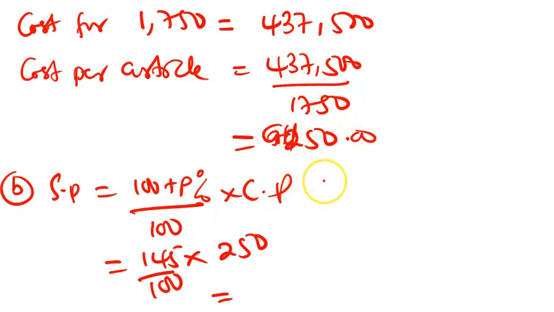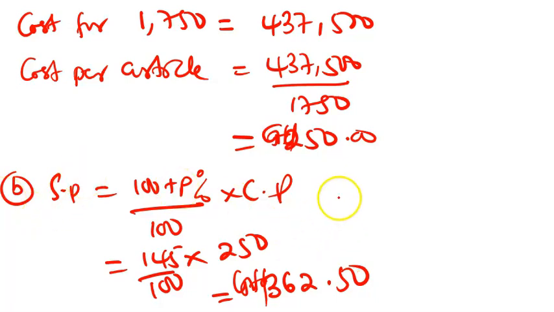That will also be fine. So that will be 362.5 Ghana cedis. So this is the amount of money, or this should be the selling price if the trader wants to make a profit of 45%.